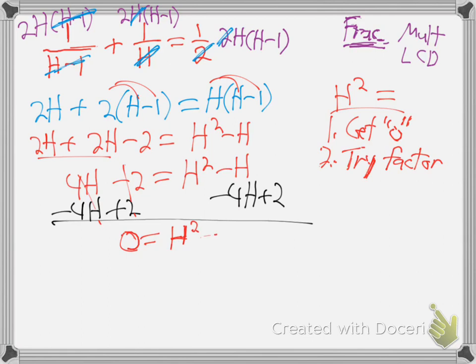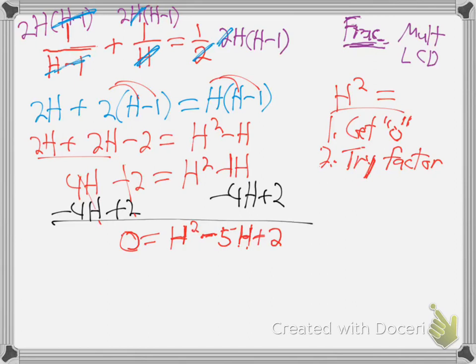And we get h squared minus 5h, right? Because minus 1h and minus 4h, plus 2. Okay, so we need to go to a fresh screen. We got an h squared equation.